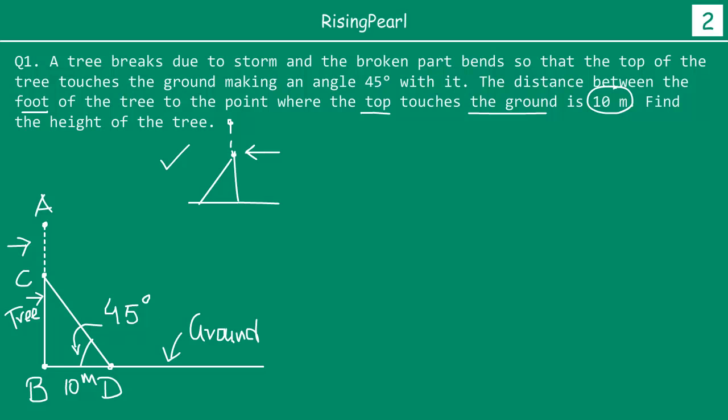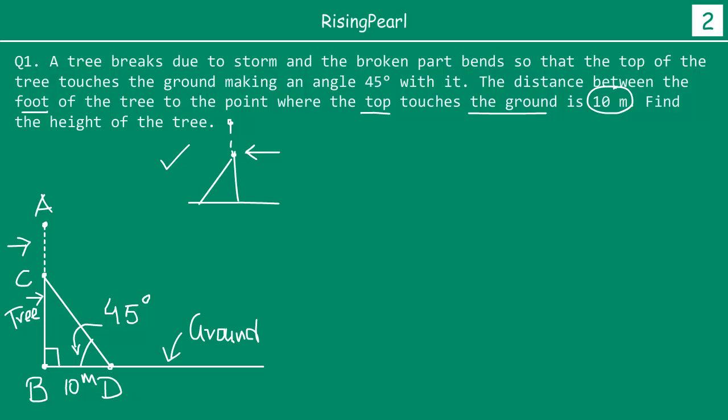Now friends, whenever you solve questions related to trigonometry, we are always looking for a right triangle. So what do we have here? The triangle BCD is a right triangle because it is clear that the base of the tree is making a 90-degree angle with the ground. So this is 90 degrees. We have a right triangle BCD. So we are looking for a right triangle, number one.